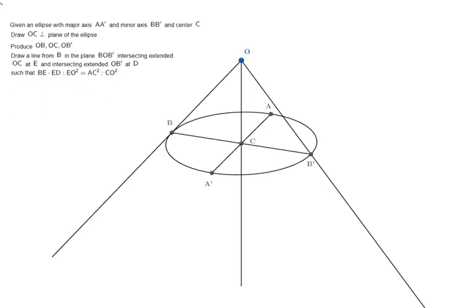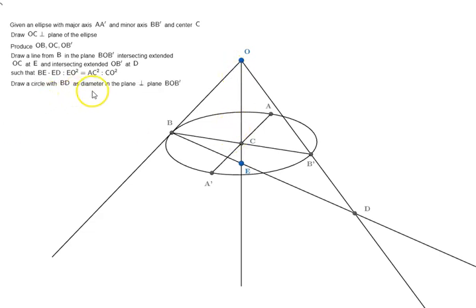So let's draw that line. We draw a line such that it intersects these two lines, OC and OB prime, in such a way that this proportion is applicable.